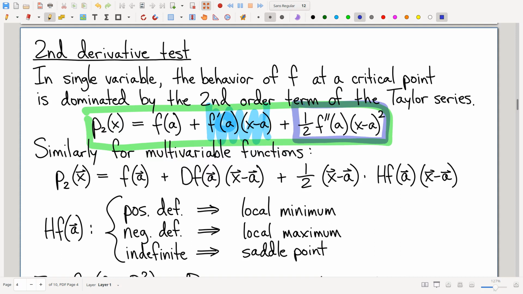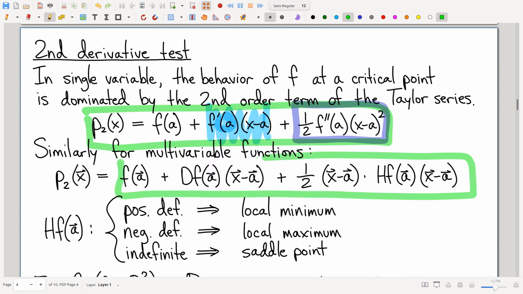All right, so we're going to do basically the same thing here for the multivariable second order Taylor polynomial. We'll consider critical points where the derivative is equal to 0 and thus this term disappears. The behavior of this function is entirely determined by this term, namely this quadratic form.